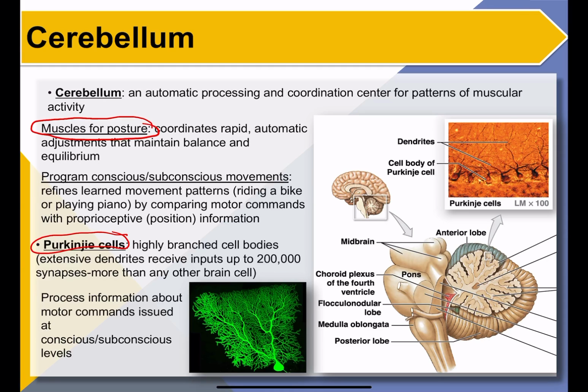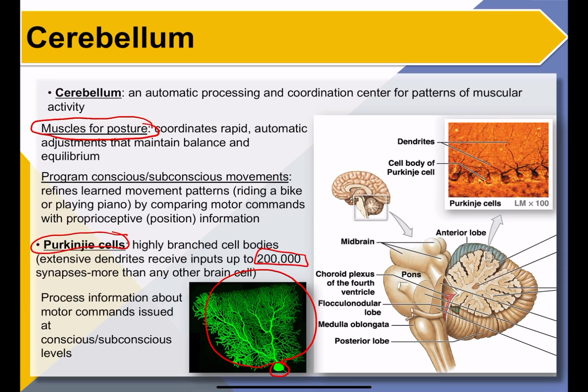You see, this is a cell body, and all of this is dendrites of that Purkinje cell. Because of how many dendrites it has, one Purkinje cell can actually receive inputs from up to 200,000 synapses. This is more synapses than any other neuron in the brain.